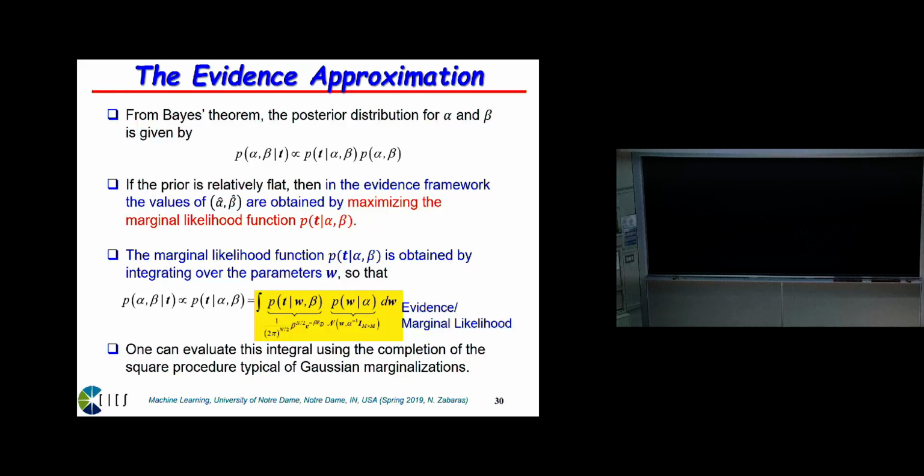And this is the prior, a Gaussian with precision alpha. This is a Gaussian, this is a Gaussian, so this should not be a difficult thing to do. The difficult thing may be, at the end of the day, the optimization with respect to alpha and beta. But before we do the optimization, we need to compute this integral.